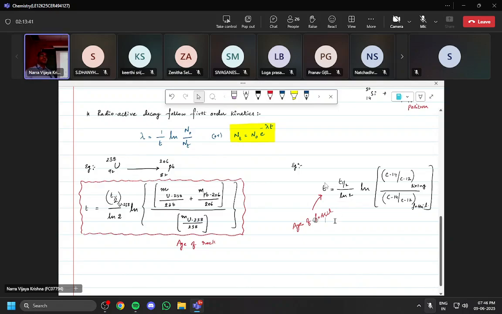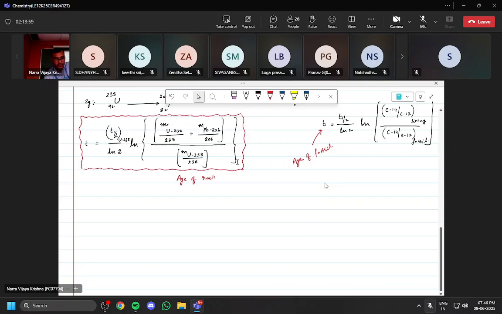Response, sir. So we call rate constant here, disintegration constant. There we call it as rate. Here we call it as activity. If it is first order kinetics, what you will write? In case of first order kinetics, what you will write? Activity equal to lambda into N to the power 1.